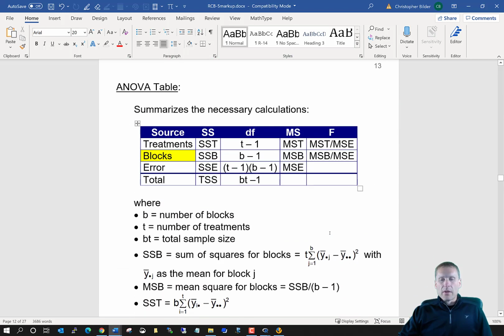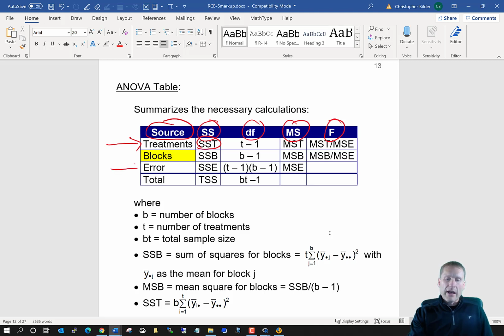Okay. So similar to what we saw with completely randomized designs, we have an ANOVA table that helps to summarize the various calculations that we're going to do. Here it is. So we have the source of variation like we did before. And in fact, all of the column titles are exactly the same as what we've had before. We have treatments, and with treatments, we're going to have a sum of squares for treatment.